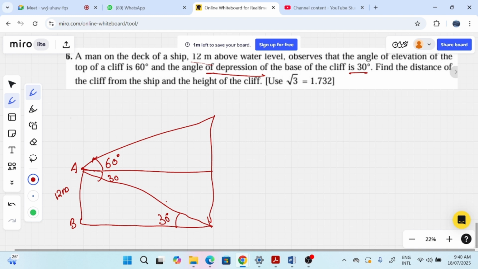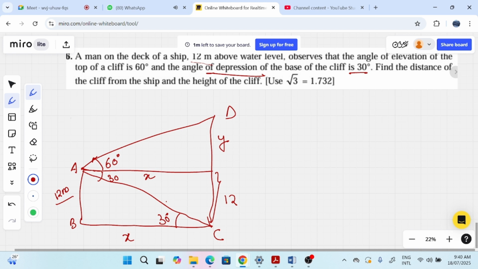So we have to find two things. We have to find BC and we have to find CD. But one thing we know, this is 12, so this part is also 12. Okay, and this part let us do as y. If this is x, this part is also x. So a couple of things are sorted.